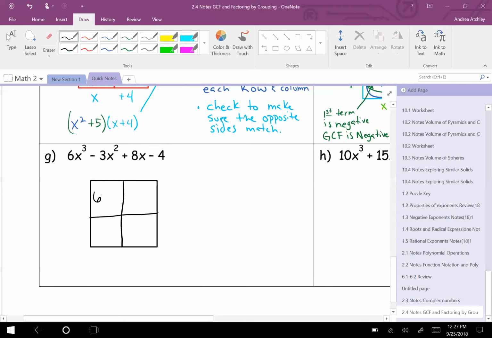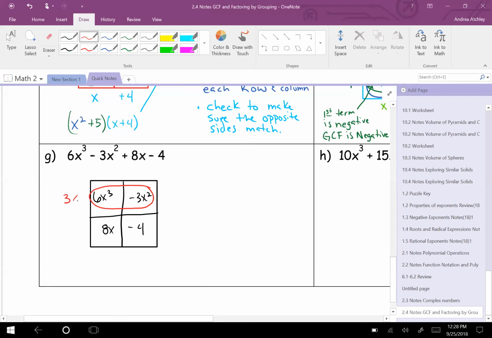So we have 6x cubed, negative 3x squared, 8x, and negative 4. We're going to go this way. 6 and 3, what can they both be divided by? 3. And the smallest amount of x's between those two?